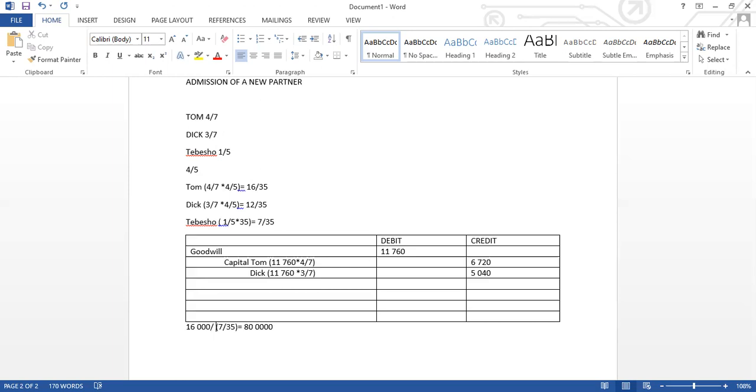So you take 16,000 and divide it by his interest. His interest is 7/35. So his total contribution will be 80,000.